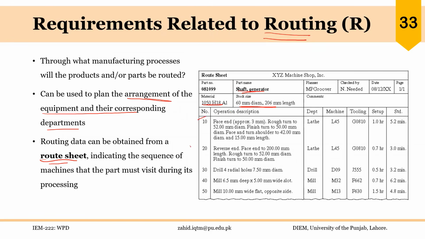And then there is a sequence of steps, the description of each step, the department in which that step will be performed, and in that department, what is the specific machine on which that operation will be performed, the tooling required, jigs, fixtures, dies, and molds, the setup time, standard time, and of course, there could be other details as well.